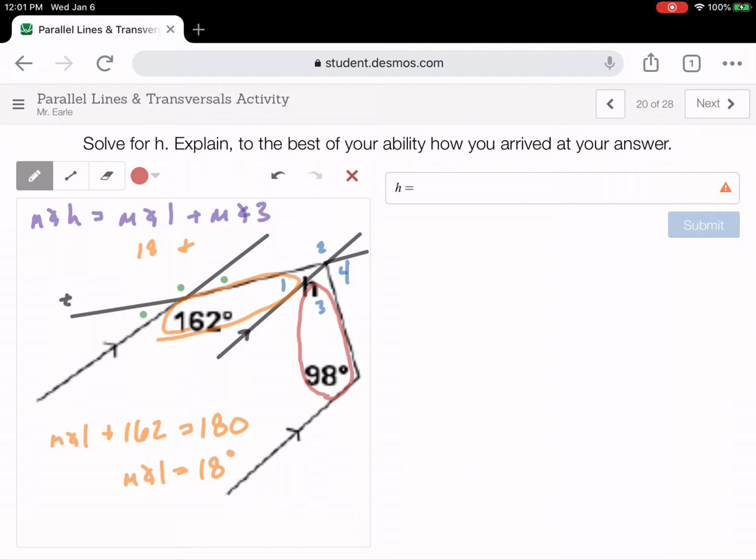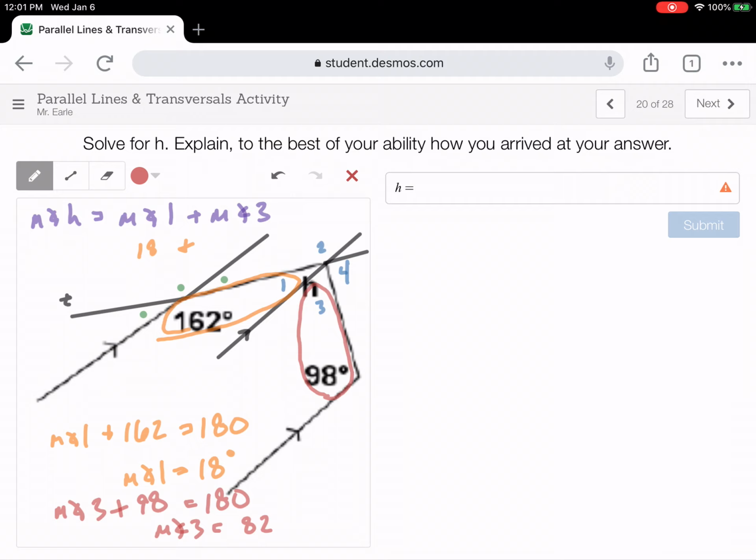So I can do the same thing there. I can say the measure of angle 3 plus 98 is equal to 180. Great. And so I'm then able to subtract those. The measure of angle 3 is going to be equal to 82.